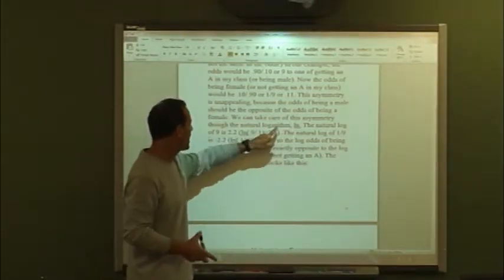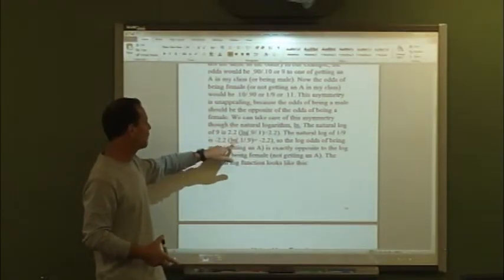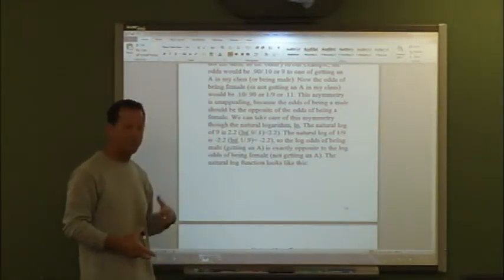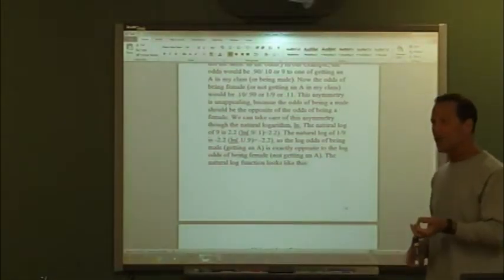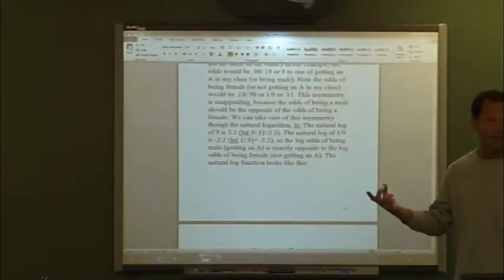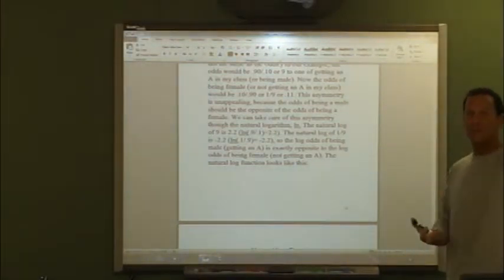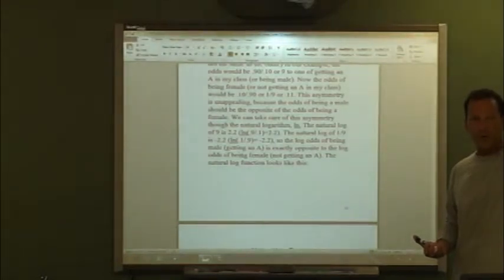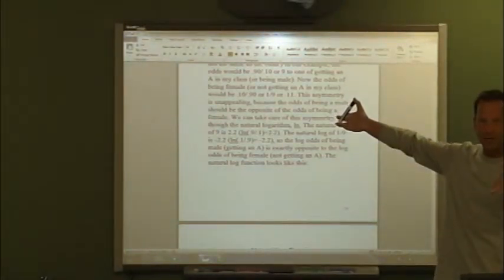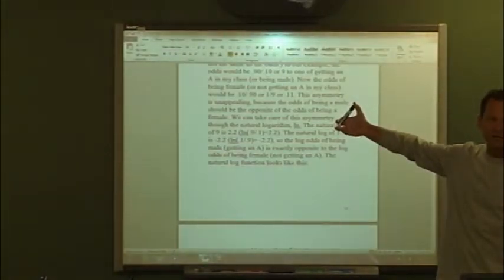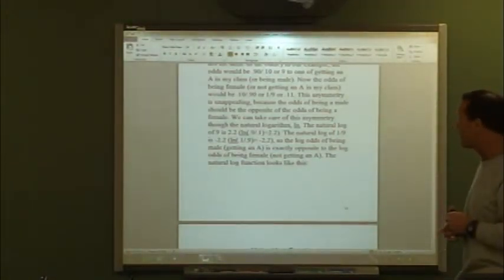The natural log of 9 is 2.2, the natural log of 1 divided by 9 is negative 2.2. So what's cool is why they use the logarithm for odds: it retains a symmetry. So if 90% of people are going to get fired, the log of people getting fired will be just the reverse of the log of not getting fired.